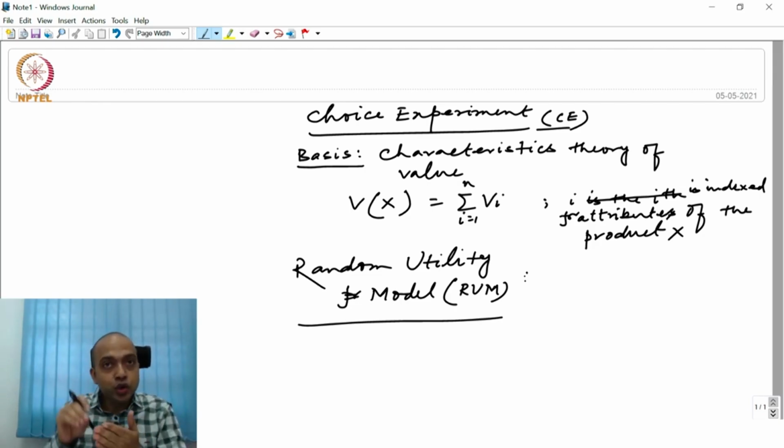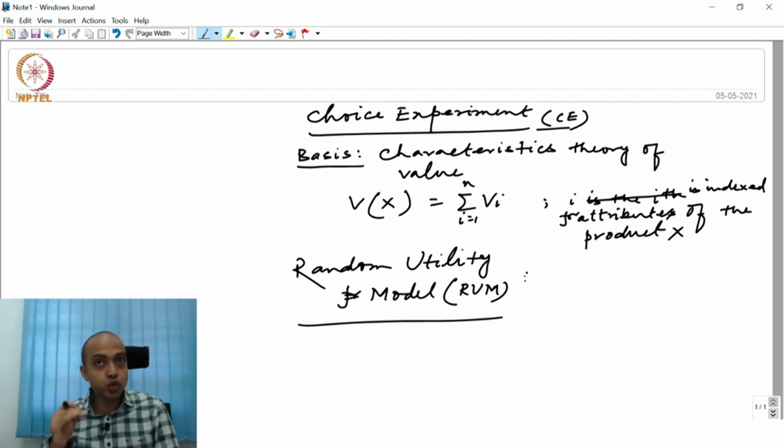That is why it was originally proposed for this type of market survey, and in today's world it is used for valuing environmental goods and services in the context of the stated preference approach, that is, in the context of valuing non-marketed goods and services.